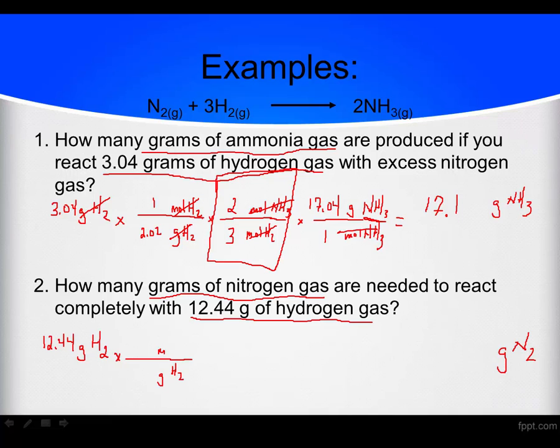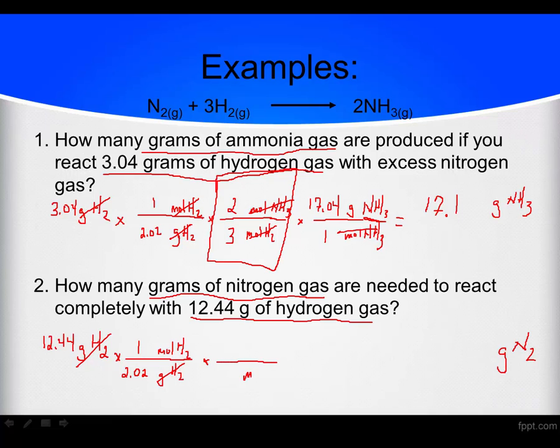So in this first step, I'm going to try converting from grams to moles. So 1 mole of hydrogen, ooh, I wrote that down wrong. I wrote 2.20. It should be 2.02 grams of hydrogen. Grams of hydrogen and grams of hydrogen cancel. We're left with moles of hydrogen.